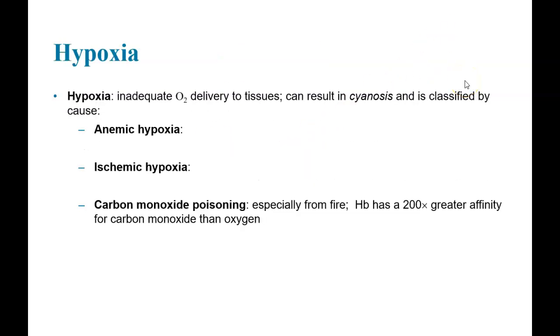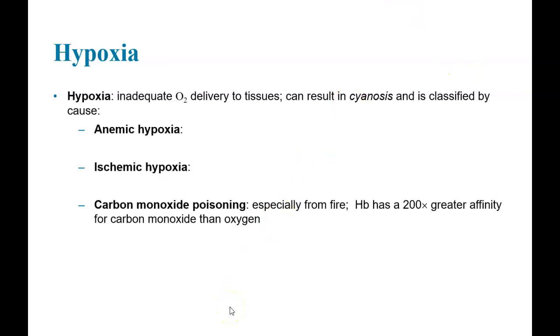Hypoxia is when you have inadequate oxygen delivery to tissues, and it can result in cyanosis, and it's classified by different causes. Anemic hypoxia is when there are too few red blood cells or too little hemoglobin. Ischemic hypoxia is when there's a block in blood circulation.